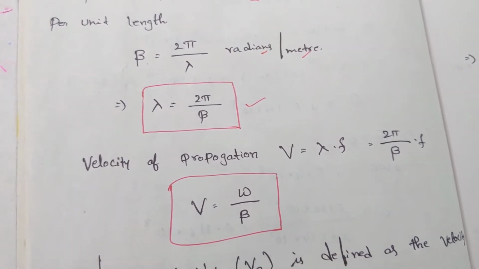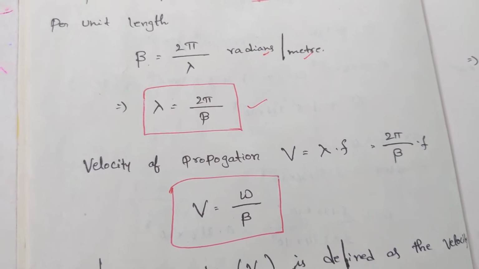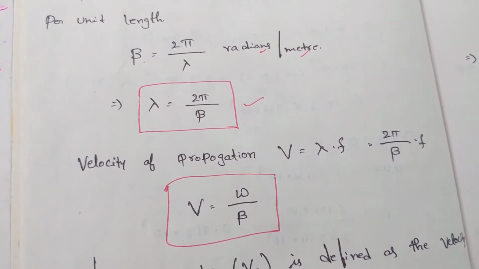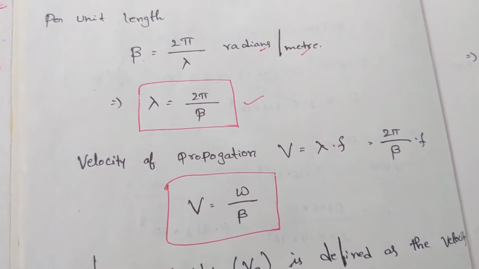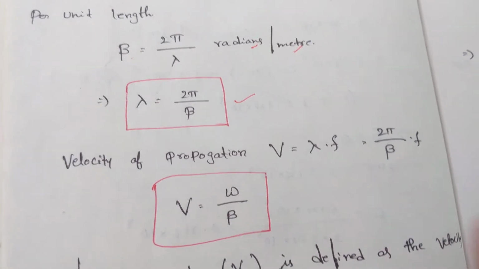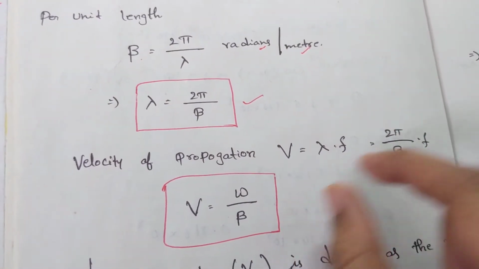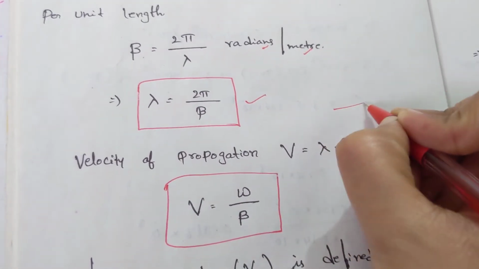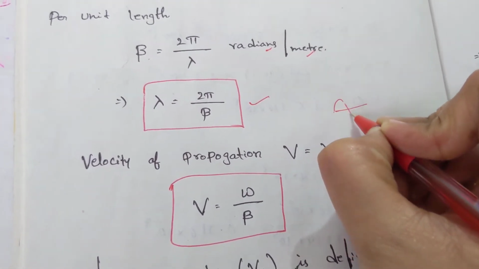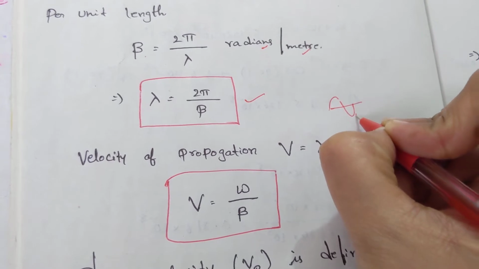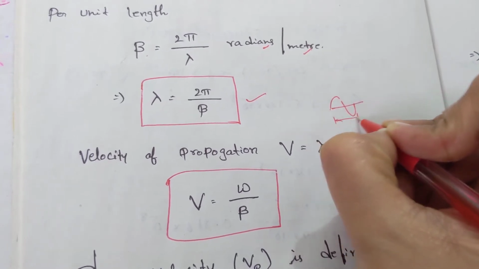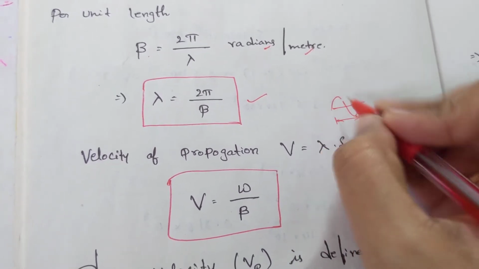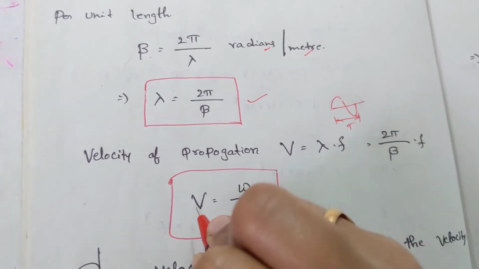To find the velocity, we have to find at what frequency the wave is repeating. For example, this wave takes a duration of T to complete.